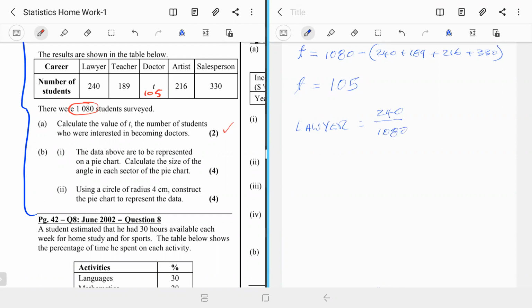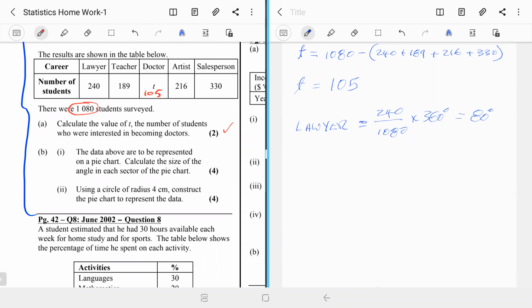That's a fraction of the whole number of students. You want to see what fraction of the 360 degrees that sector is going to take up. Somebody write that out for me, please. 80 degrees, sir. All right, 80 degrees.